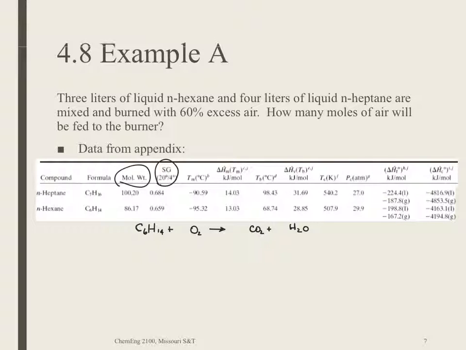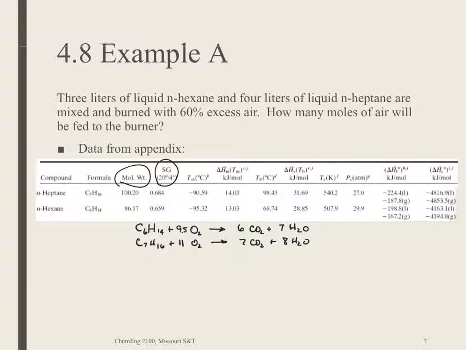Now we always do this for formation of CO2. And if you calculate the constants, we have those as our stoichiometric coefficients, and for C7H16, we end up with that.